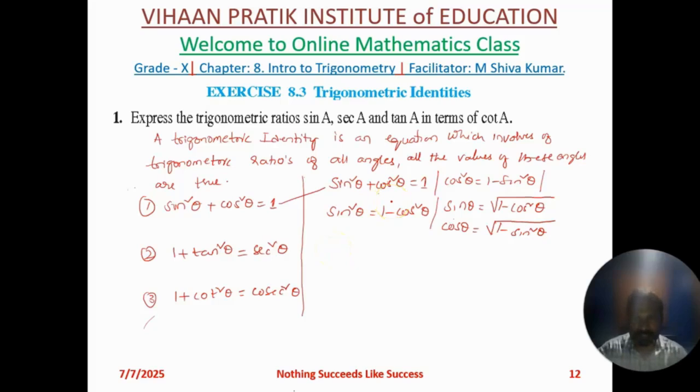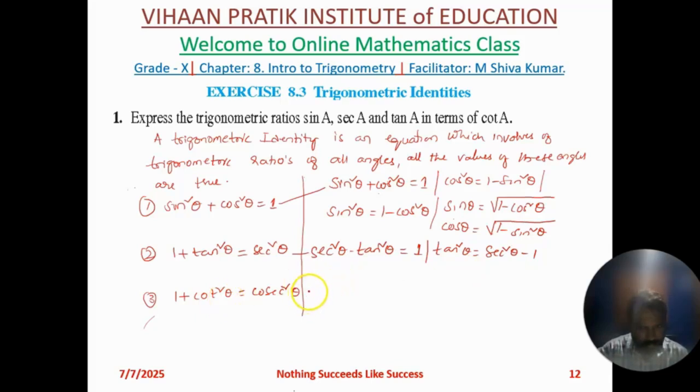Okay, right. In the same way we can write for 1 plus tan square theta also: secant square theta minus tan square theta equals 1. In terms of tan square theta also, tan square theta equals secant square theta minus 1.